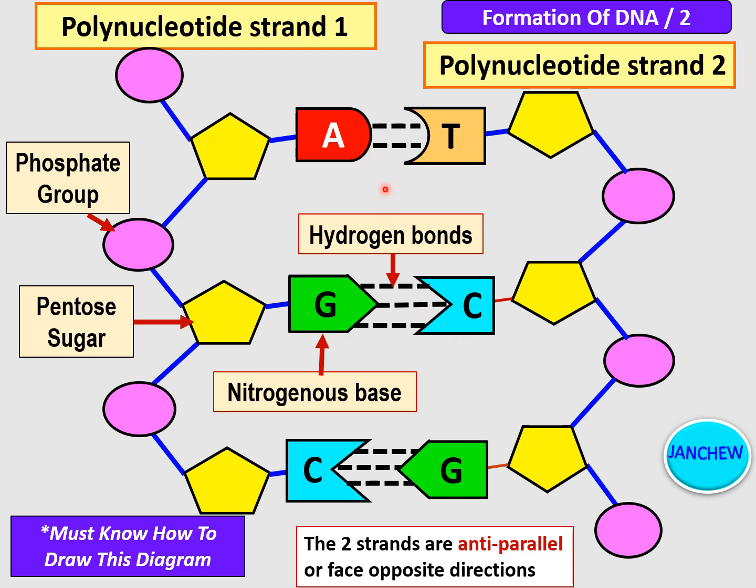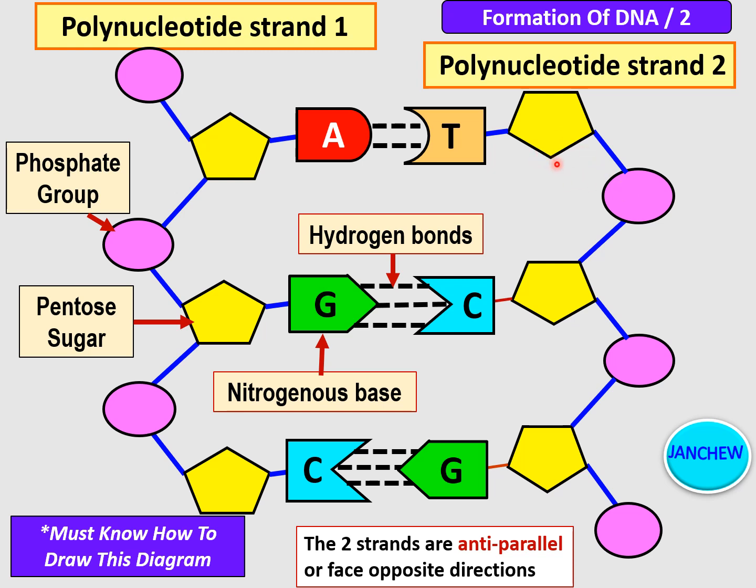Now, adenine cannot bond with cytosine. You can see the shape does not match because they are not complementary bases. Okay, as an example, guanine cannot bond with thymine. They are not complementary bases. Now, let's look at the polynucleotide strand. Okay, the molecules here on this side, the pentose sugar and phosphate group.